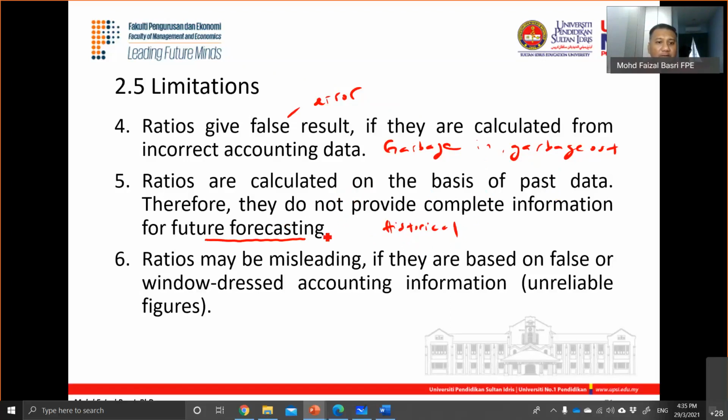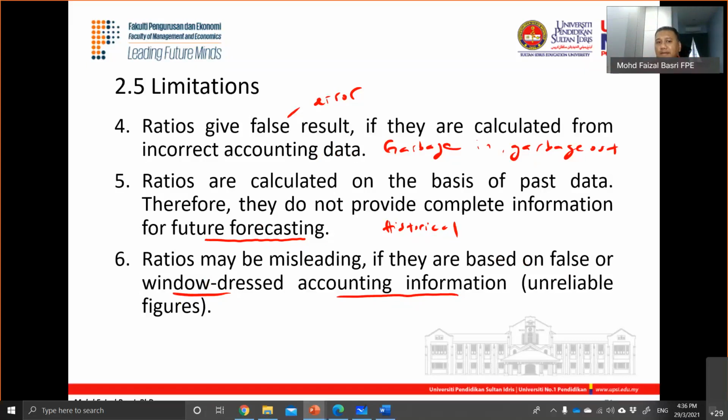And lastly, ratios might be misleading if they are based on false or window-dressed accounting information. It is quite similar to number 4, except in number 4 you picked the wrong data. Meaning the data from the financial report was correct, but you picked different or wrong information. But here, in number 6, they manipulate the data and present it differently.